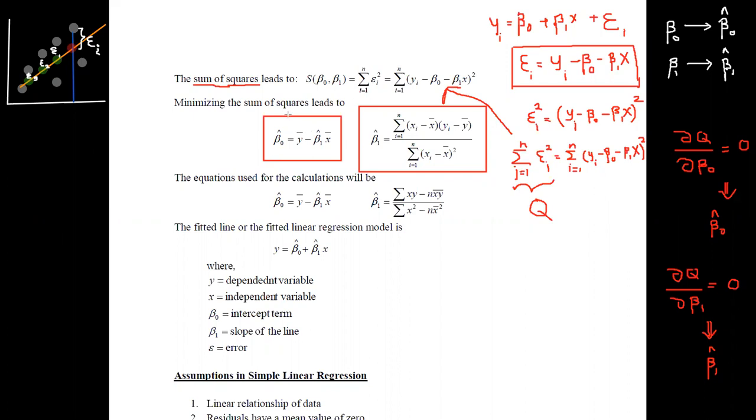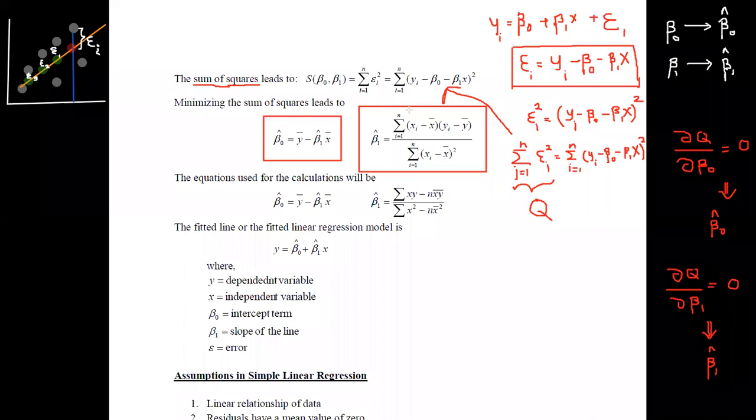Therefore, the estimated value for beta naught hat is equal to y bar minus beta 1 hat times x bar. Here y bar is the mean value of the response variable, x bar is the mean value of the explanatory variable, and beta 1 hat is the estimated value for the slope parameter.